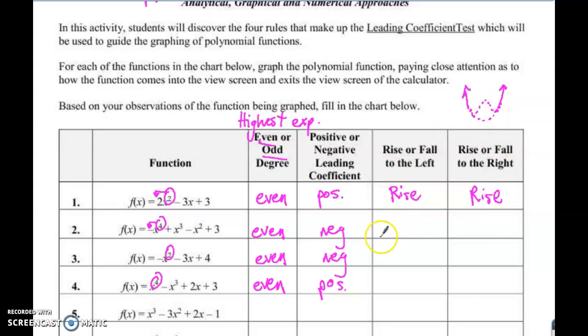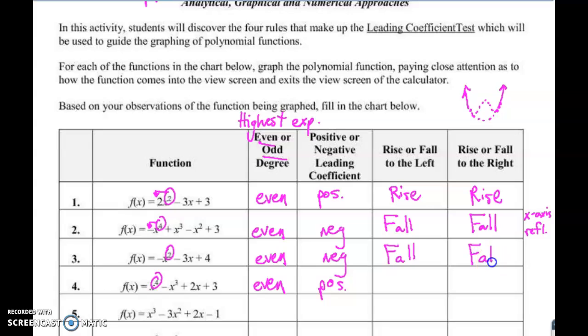Now the difference then is, what if we have a negative? Well, if you think about it, it has an x-axis reflection. So on either end, it's going to fall, because you got to flip this graph upside down. And so you can say the same thing about the next one.